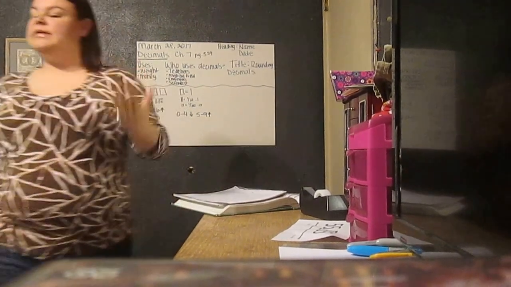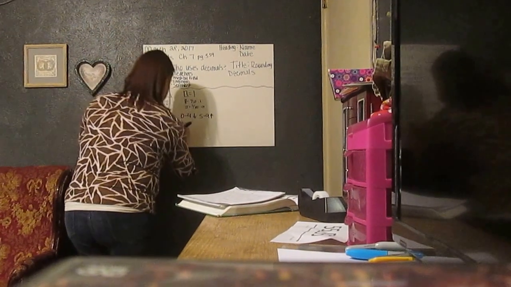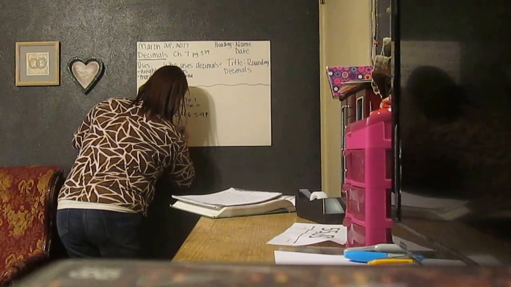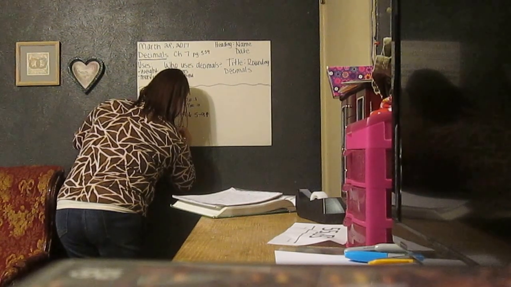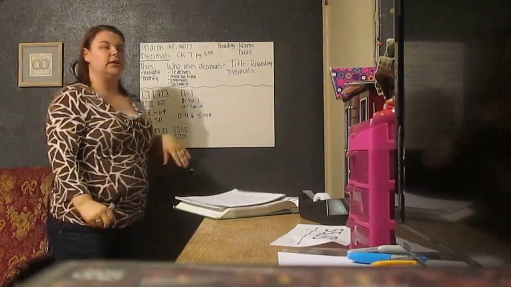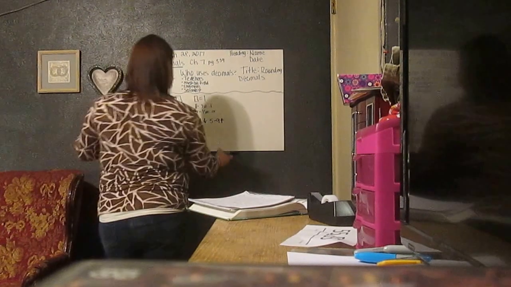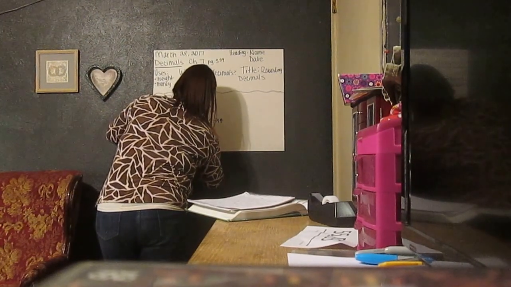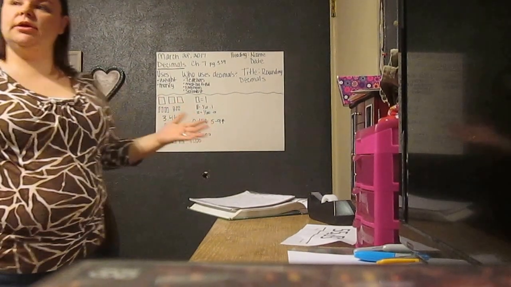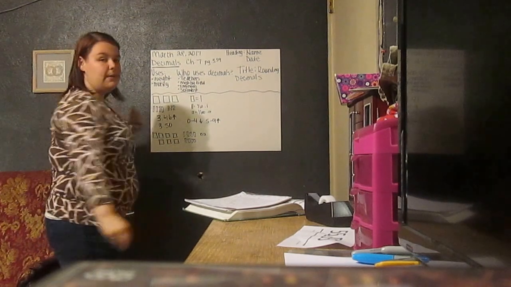Okay, how many tenths do we have? 8. So we have 1, 2, 3, 4, 5, 6, 7, and 8 tenths and 2 hundredths, correct? So how many small squares? 2 small squares. You will be asked to illustrate decimal numbers like this on a quiz coming up.